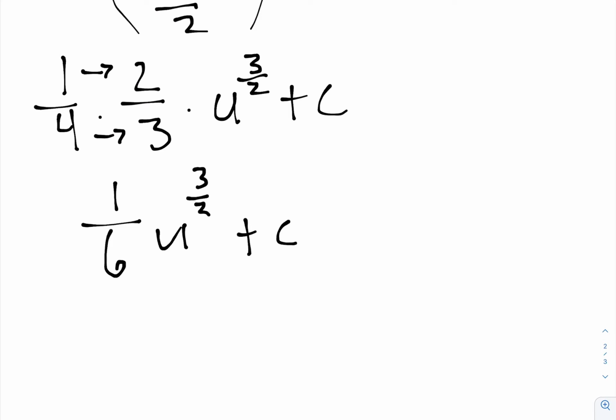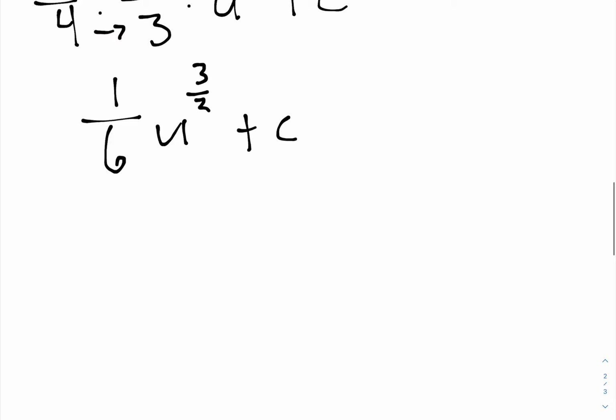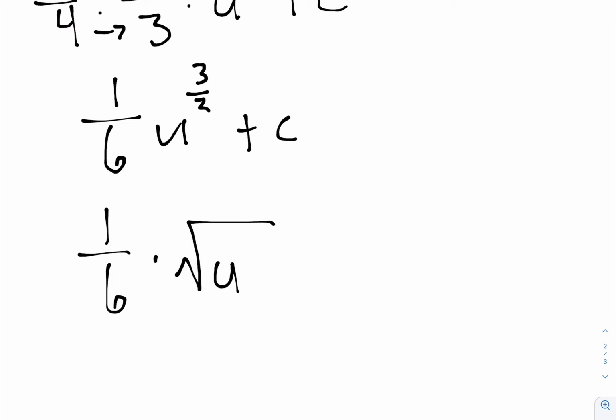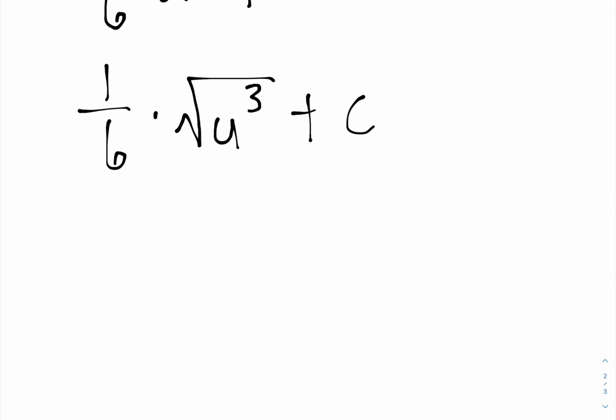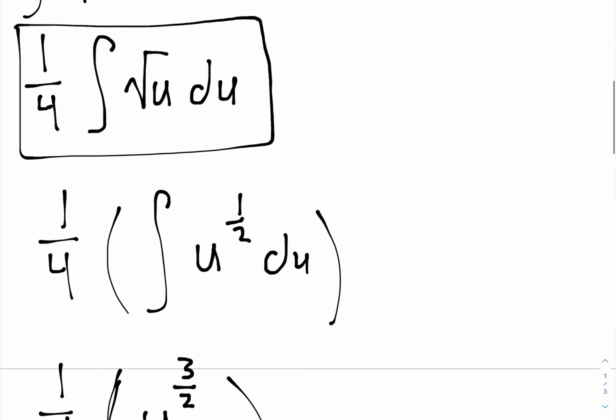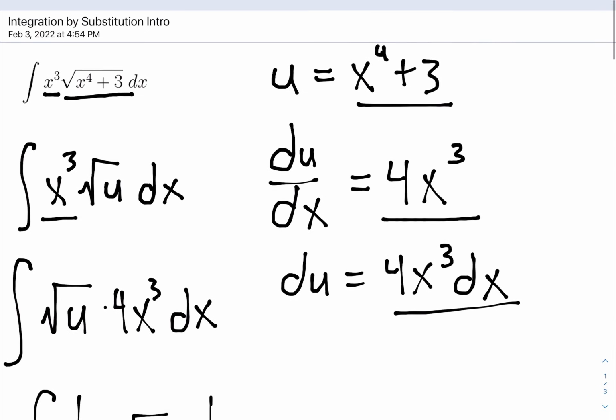Well, what's u to the 3/2? That is the square root, right? 1/6 times the square root of u cubed, and then we got that plus c on there. Now, after all this, we have to substitute our original relation in for u, right? Because u isn't even in the question.